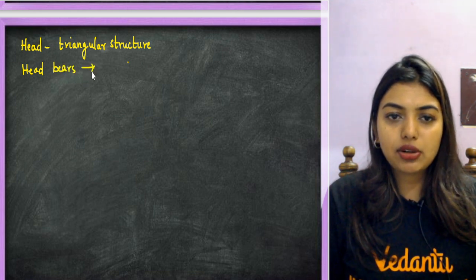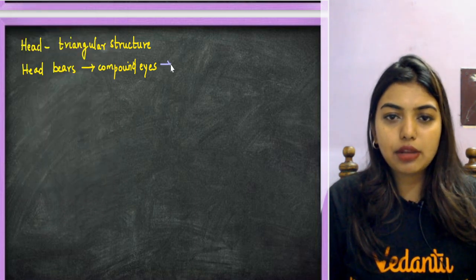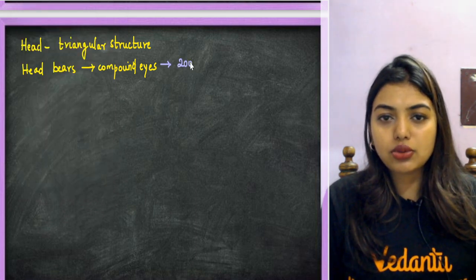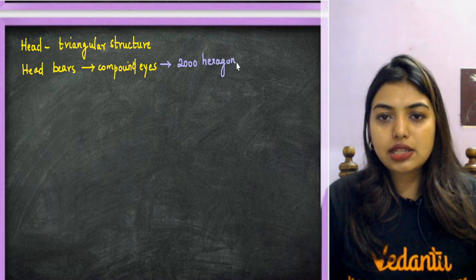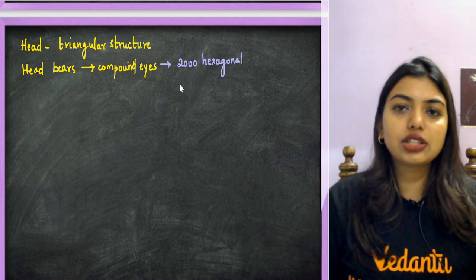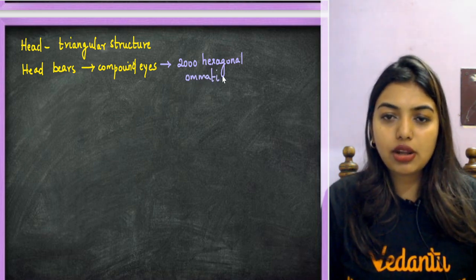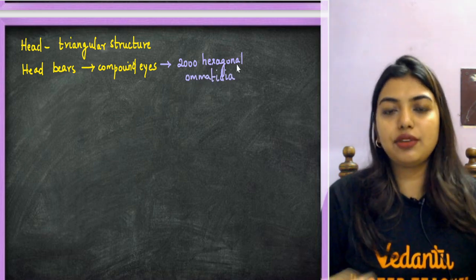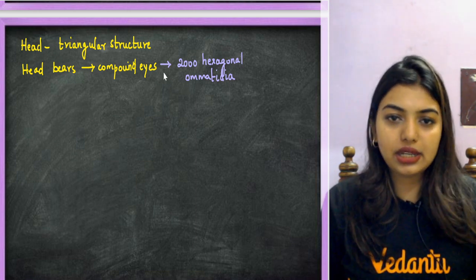First they spoke about compound eyes. Now these compound eyes are made up of around 2000, very important. You are going to study this again when you study sensory organs. So don't think, ma'am, why are you teaching things that are not there in NCERT. You're going to see this. Only if you understand a little now, it will be easy for you later. So in compound eyes, we have around 2000 hexagonal ommatidia.